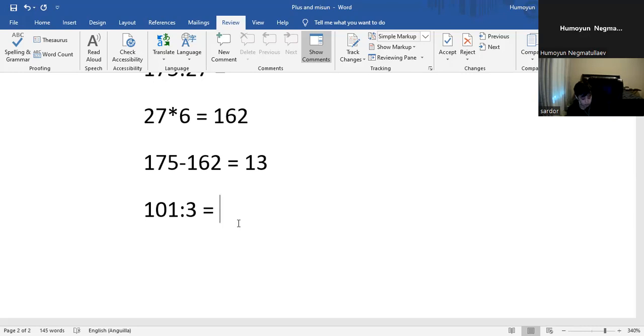101 is divided by 3, and the result is going to be... how many 3s are there in 100?